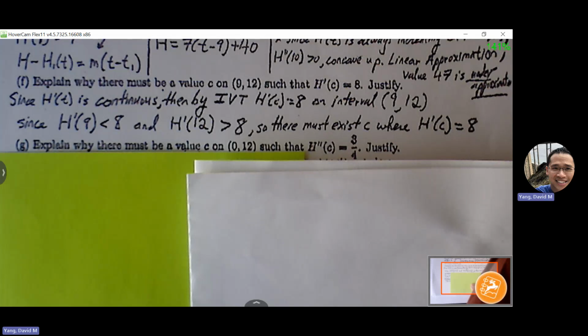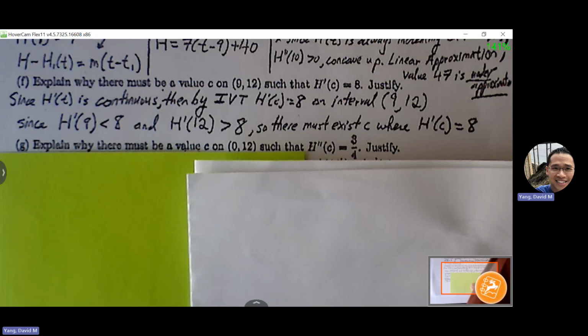So IVT is not going to quite work here because we don't know what's happening before H double prime of 0, and we can't look at a chart or table or graph and see that something starts below 3/4 and ends up above 3/4. So we can't rely on IVT, but we do have H prime though.